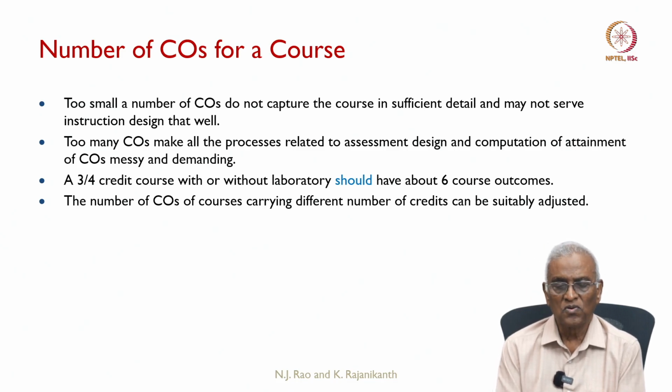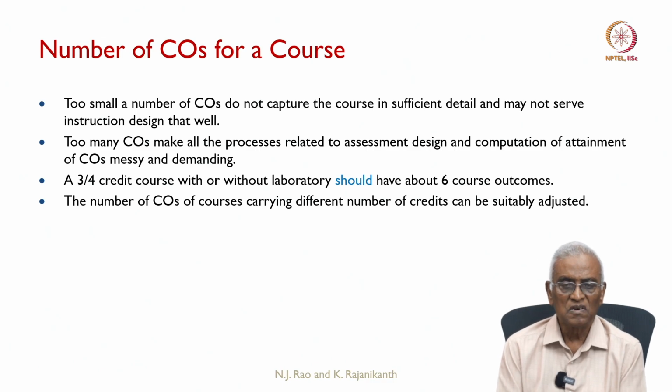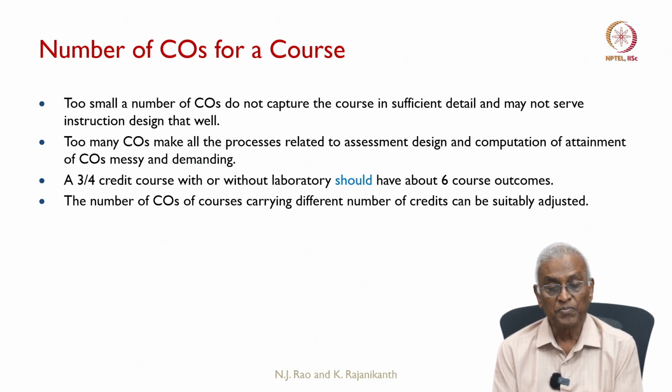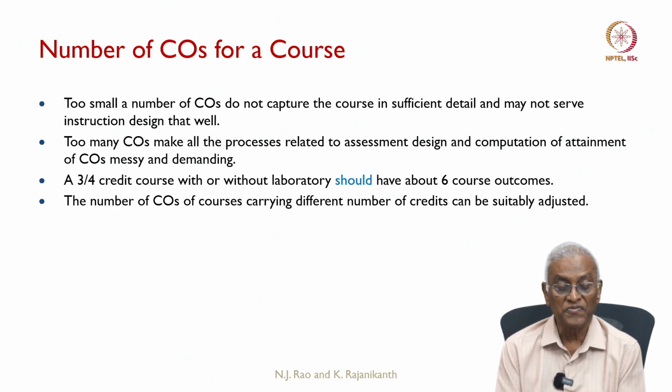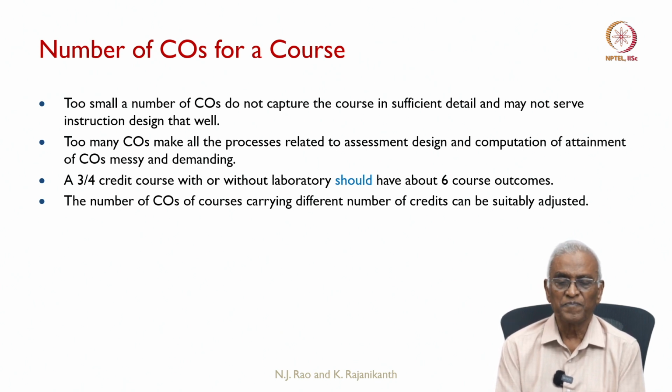So it cannot be too small a number, but too many COs can also make the processes related to assessment design and computation of attainment of the COs very messy and demanding. So you don't want to have too many.